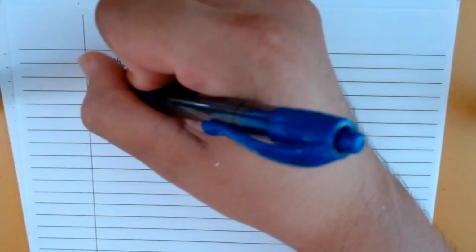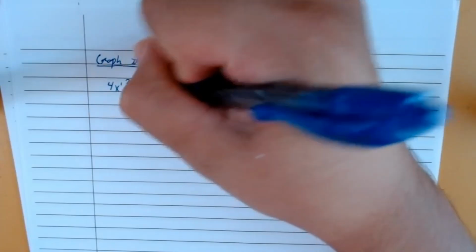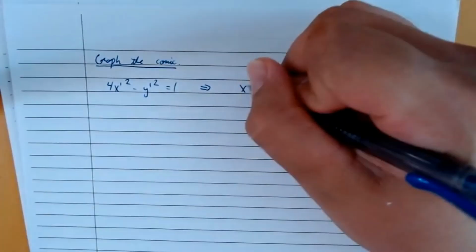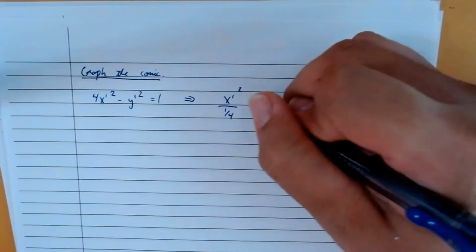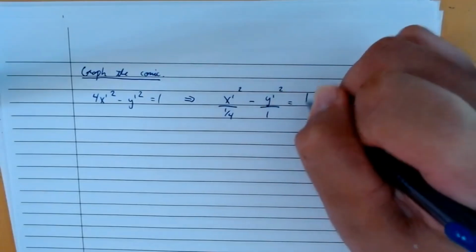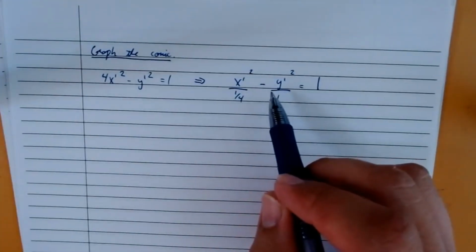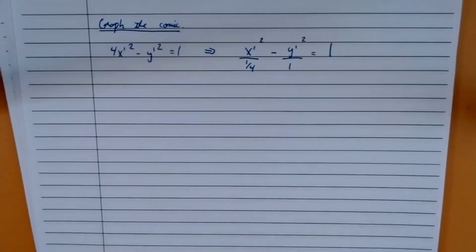You're going to graph the conic, which was 4x prime squared minus y prime squared equals 1, which was the same as saying x prime squared over a quarter minus y prime squared over 1 equals 1. Go ahead and graph that on the x prime y prime plane, which is offset from the original plane by 30 degrees, by pi over 6 radians. Go ahead and pause the video now, and once you are done, unpause and we'll finish the problem together.